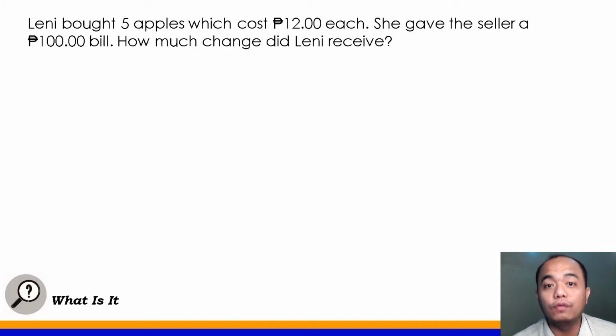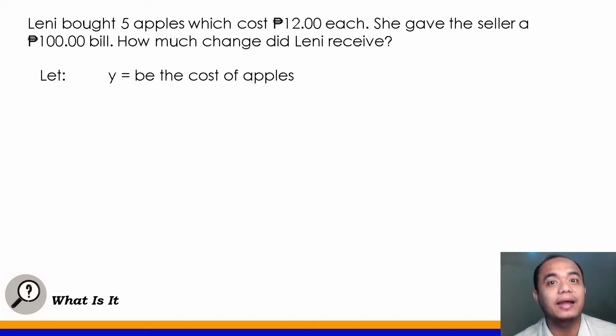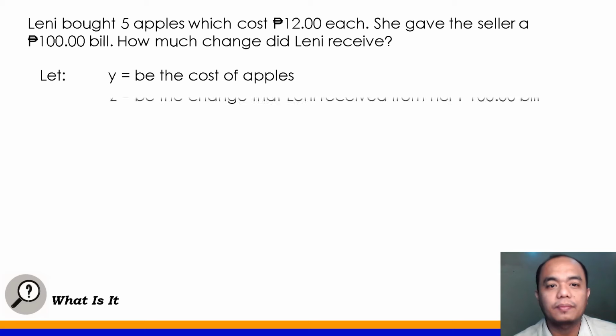Bago natin isolve yung sukli ni Lenny na marireceive niya, atin na munang alamin magkano lahat ang apples na kanyang babayaran. So, we will use the variable y to represent the cost of the apples. Gagamitin natin yung letter y as variable para malaman muna magkano lahat ang apples na binili ni Lenny.